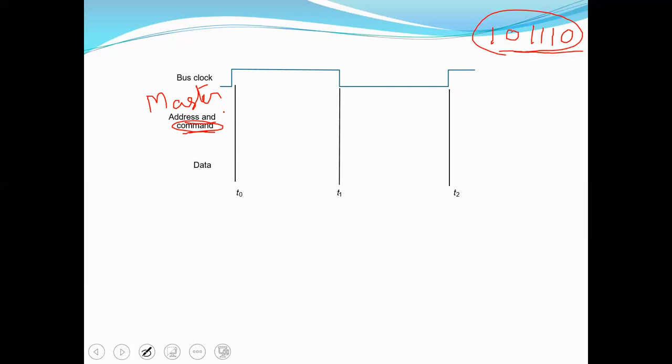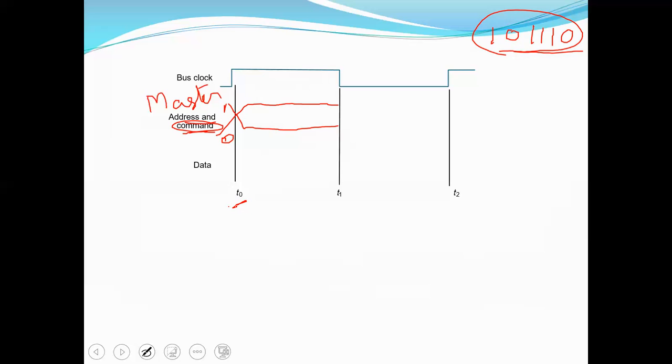And if this is 1, this line is 0 in the particular signal. So it can be a combination of ones and zeros. So at time t naught, the address is put, sorry, not data, the address is put by the master on the address bus.